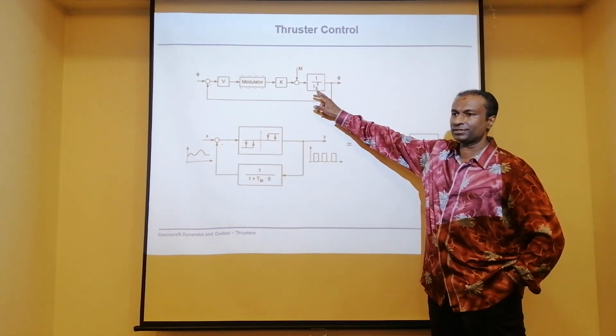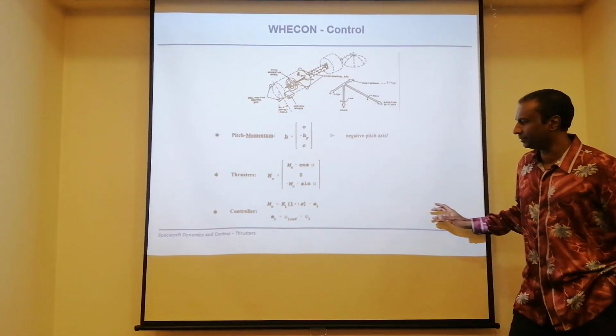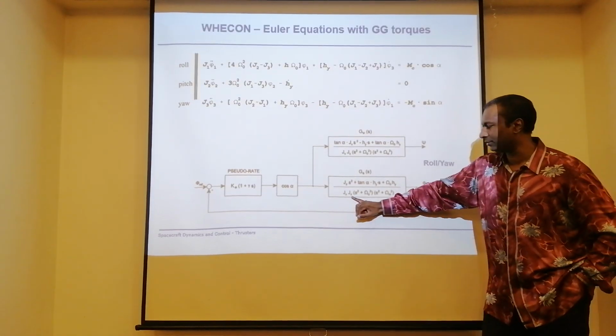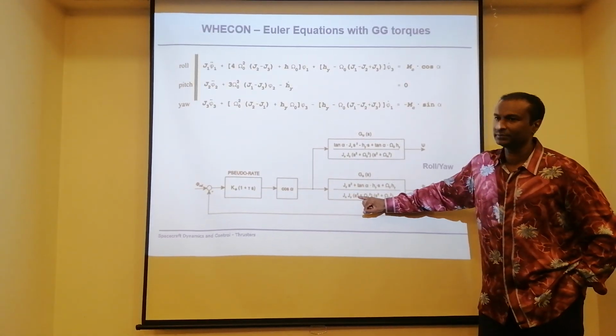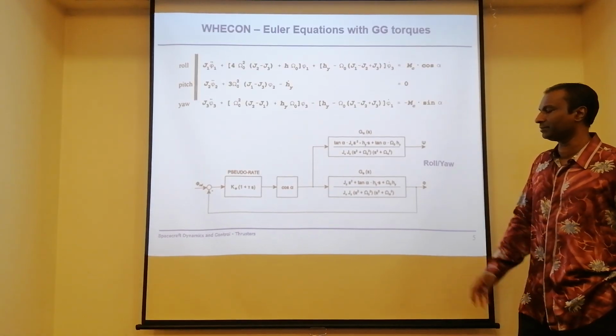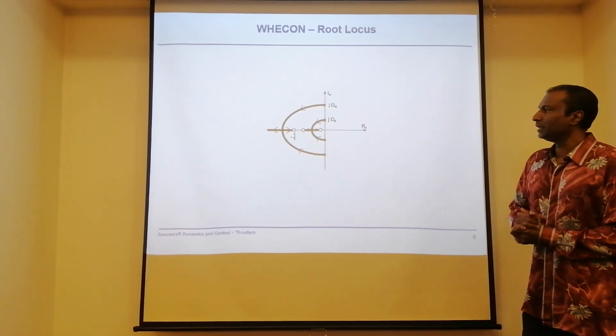It will still come back to this. This is the exact plant that you are talking about. You will have a second order system, because the equation actually is like that. Second order system.